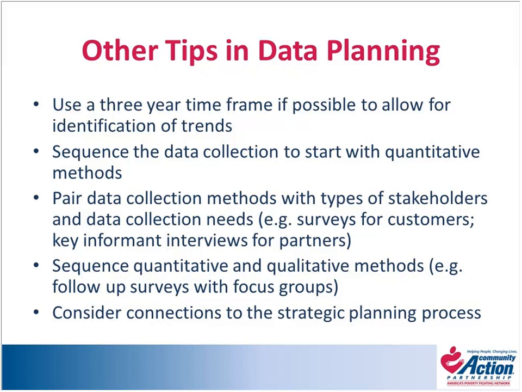So surveys for customers, informant interviews for partners. Then you also want to sequence quantitative and qualitative methods, so follow-up surveys with focus groups to really drill down to the data more. And then considering the connections to that strategic planning process. So always looking at how this needs assessment is going to connect to the planning later on.